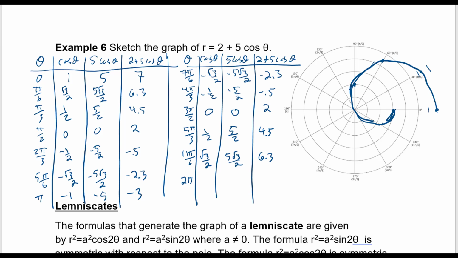And for 2 pi, cosine is 1, 5 times that's 5, so we get 7.